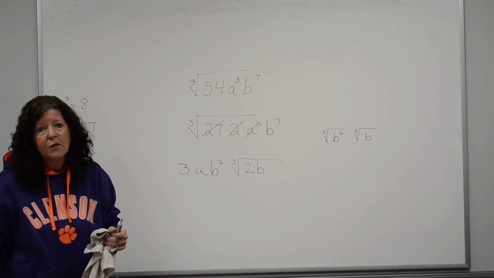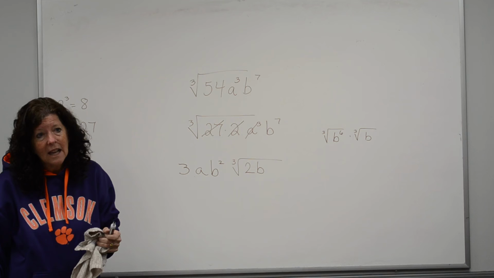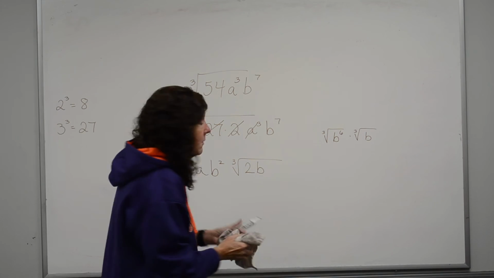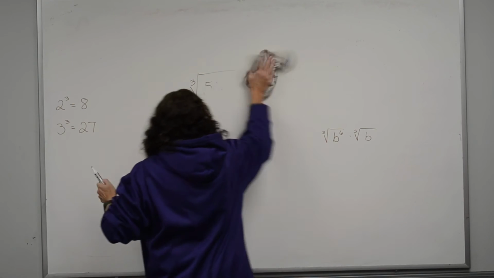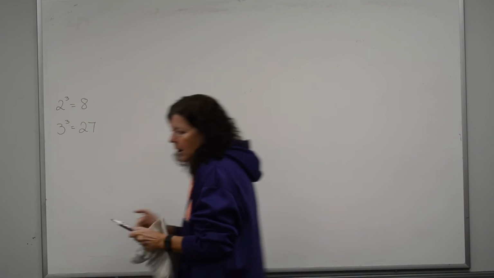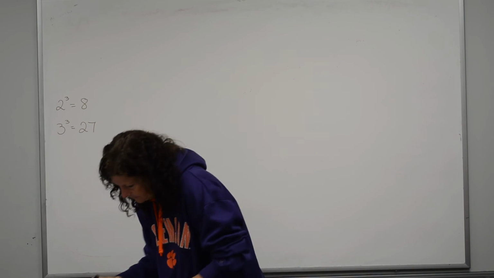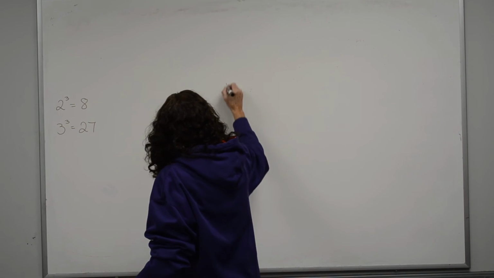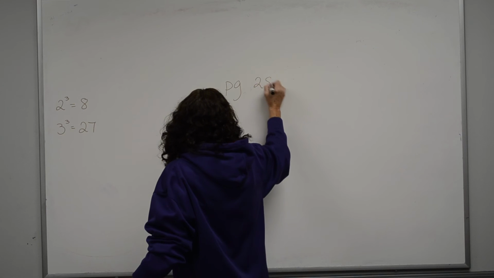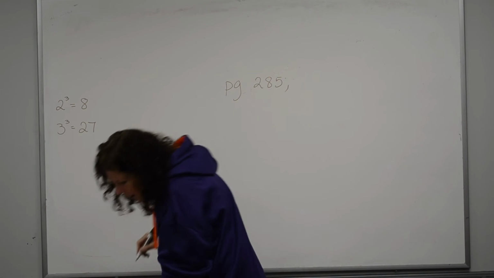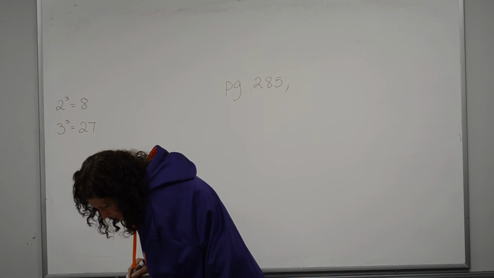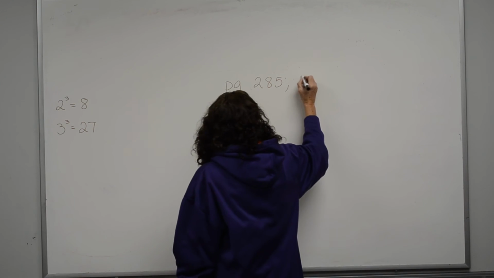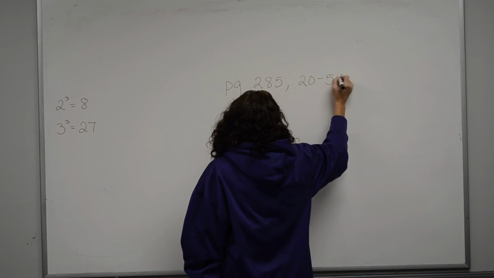I'm just going to give you a few problems off of the second section. We didn't finish the whole second section, but I think you got enough going on in your head right now. So your homework: on page 285, I want you to do 20 through 58 even.